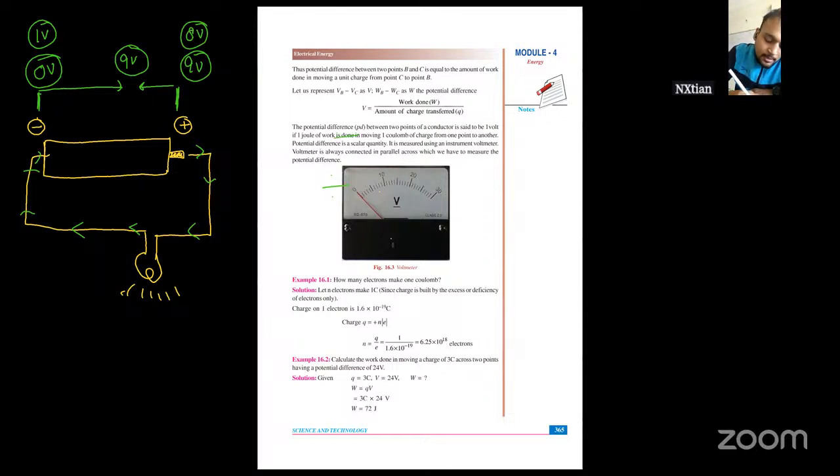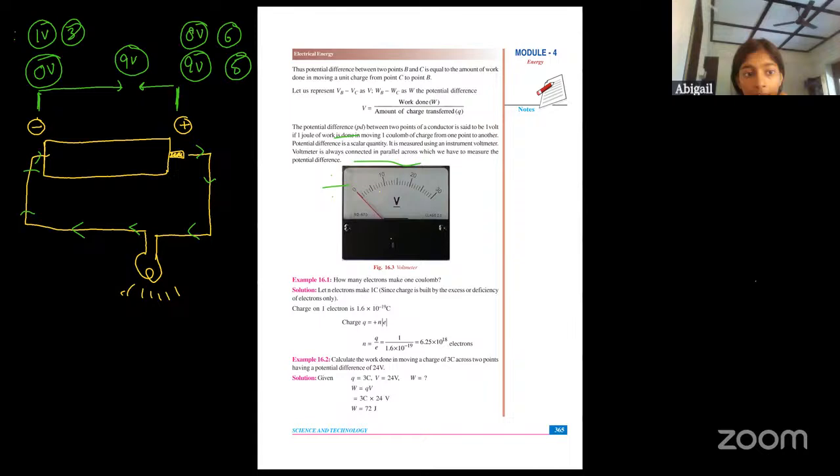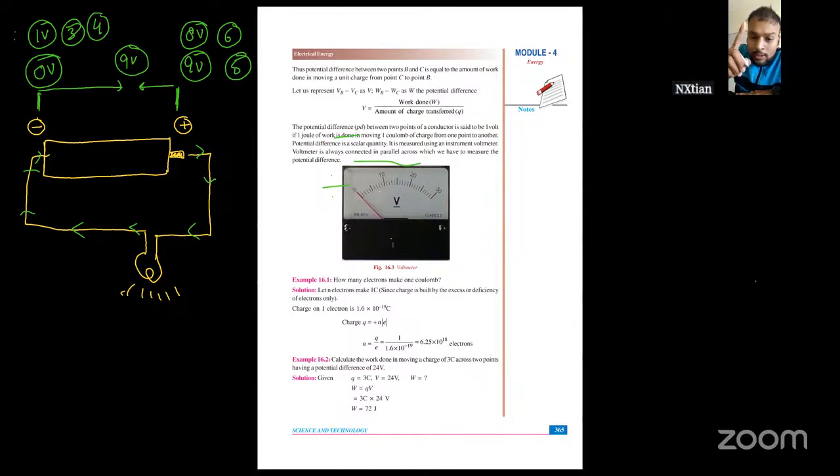After some time it becomes 6 and 3, so a difference of 3. Then it becomes 5 and 4, a difference of 1 volt. After some time if it becomes 4.5 and 4.5, now no difference is there. Because no difference is there, the charges will not flow and the cell is dead.